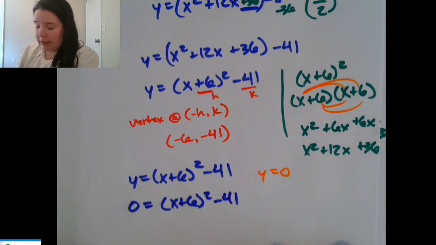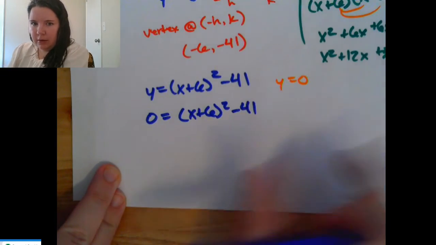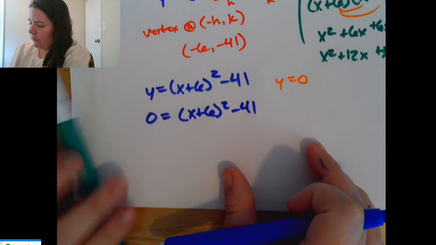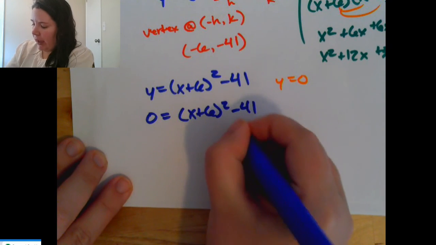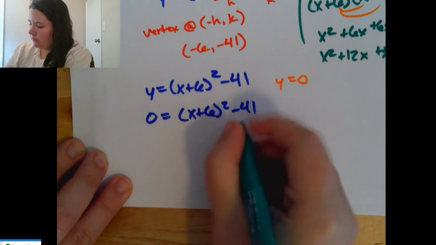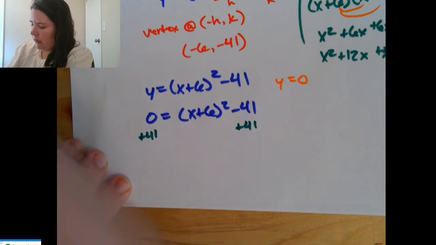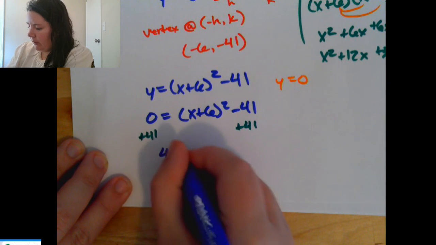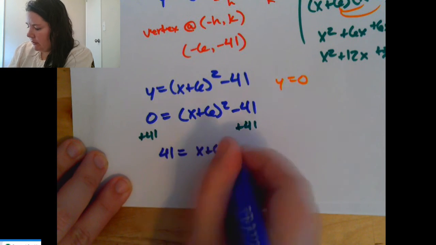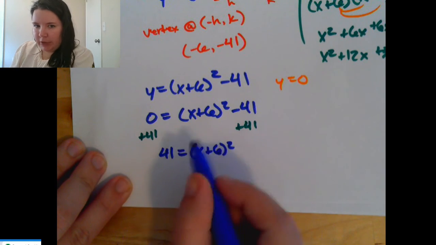The goal is to get x by itself. We're solving for x. Scoot this up a bit. So I'm going to add 41 to both sides. And I get 41 equals x plus 6 squared. Still trying to get x by itself.